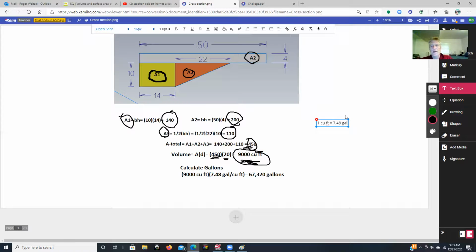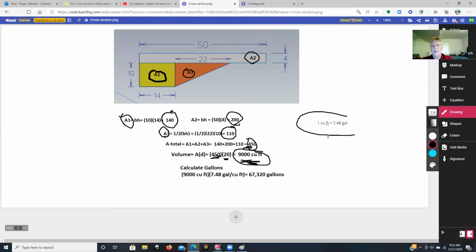So this is an equality. It becomes a conversion factor. That means that I can use this relationship to change from cubic feet to gallons.